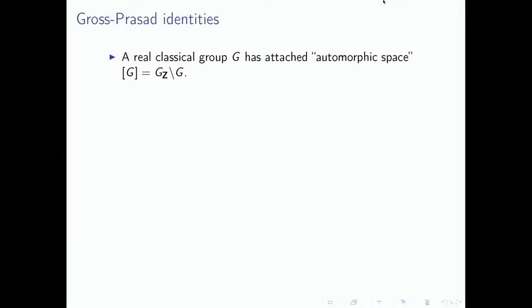If G is a classical real Lie group, so think general linear group or unitary group, it has an automorphic space attached to it, which is just a quotient of the group by its integer points. This is the space on which automorphic forms live. We don't need to know any more about it. It's some manifold. An automorphic form is something in L2 of that space.